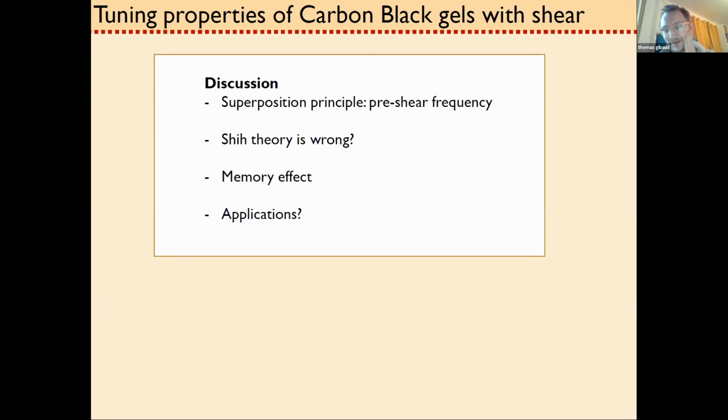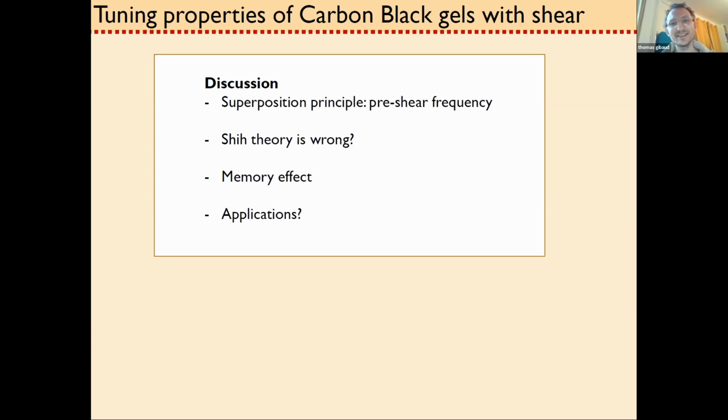So now I would like to take a few minutes just to discuss a few points. First, I told myself, maybe here I have a superposition principle, like this temperature frequency in polymer. Is there a pre-shear frequency superposition principle?